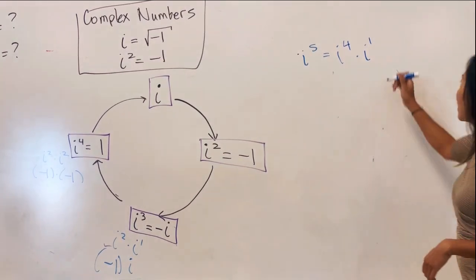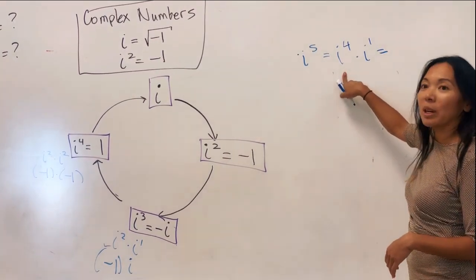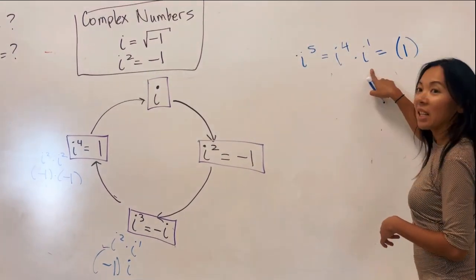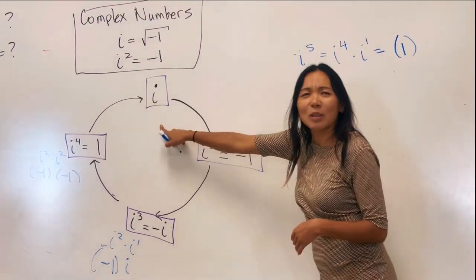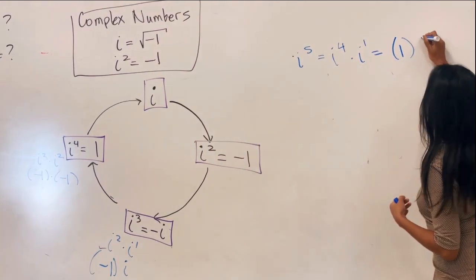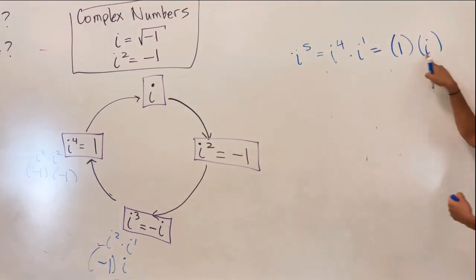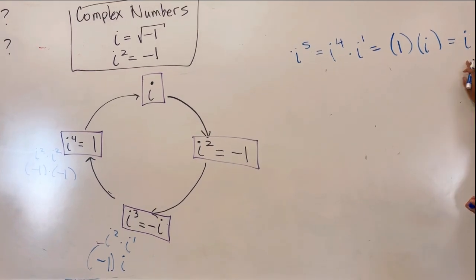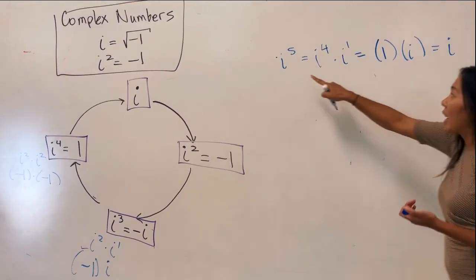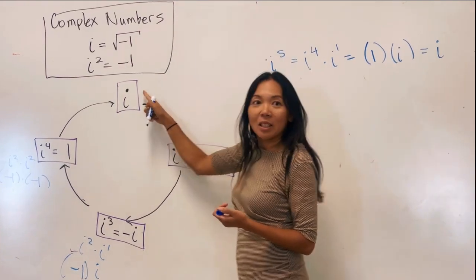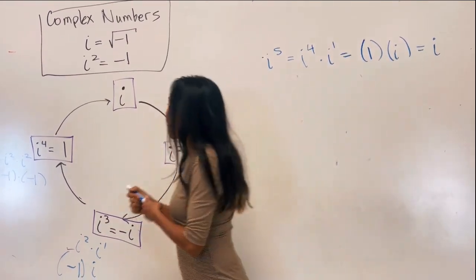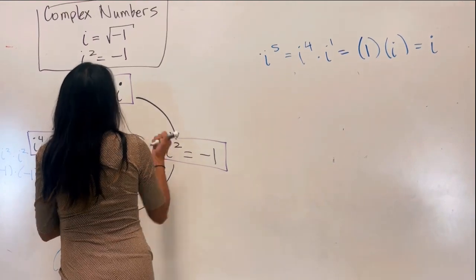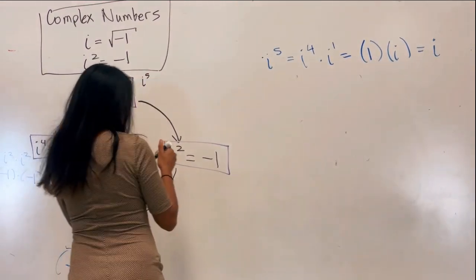Either one will give you the same thing. What is i to the 4th? 1. What is i? i. We sound so narcissistic, don't we? What's 1 times i? 1i, or just i. So i to the 5th belongs here as well.